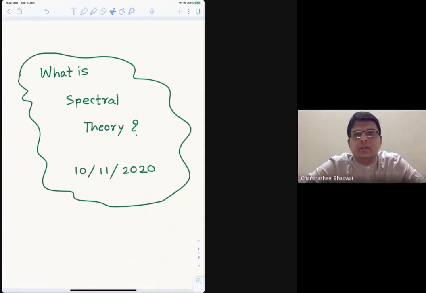So if you open the English dictionary or talk to a layperson and ask what is spectral, then you'll often get a very terrifying answer. Spectral is typically used in the context of a spectre or ghost, or let's say something which is evil. In the same spirit, there are two particular things in math which go by the adjective spectral.